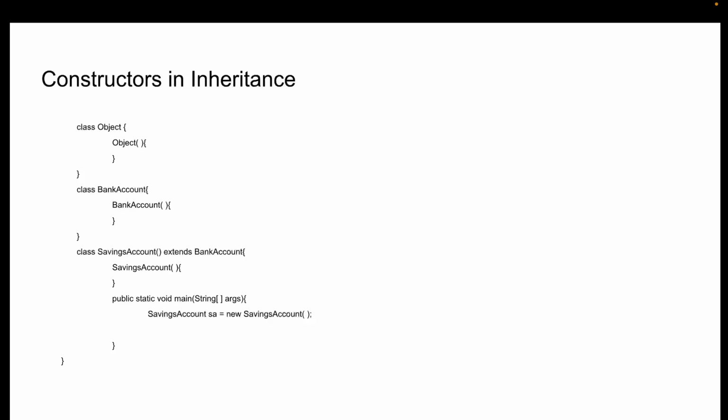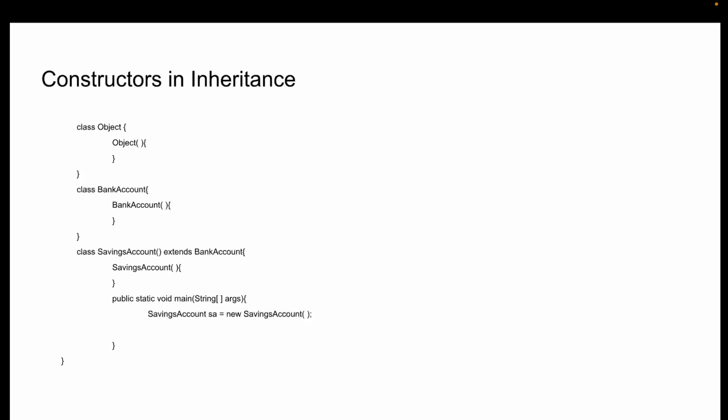When I say parent class, that is the super class you create. Suppose you created some class called bank account, so that is your super class. Then you created some other class like savings bank account. So savings bank account extends your bank account class, and it is your child class.